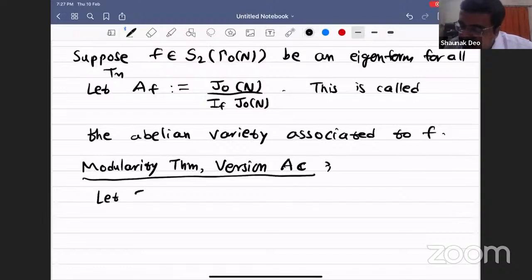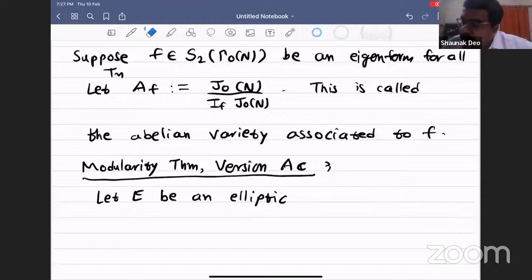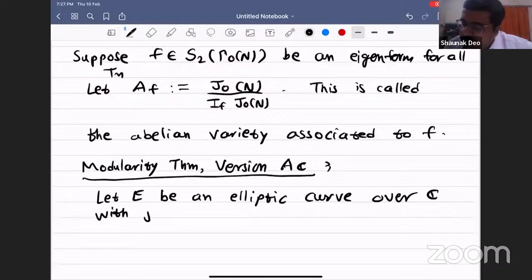Again, let E be an elliptic curve. Sorry, I'm repeating this statement, but since all the statements include this slogan line, I have to repeat. Let E be an elliptic curve over C with rational j-invariant.